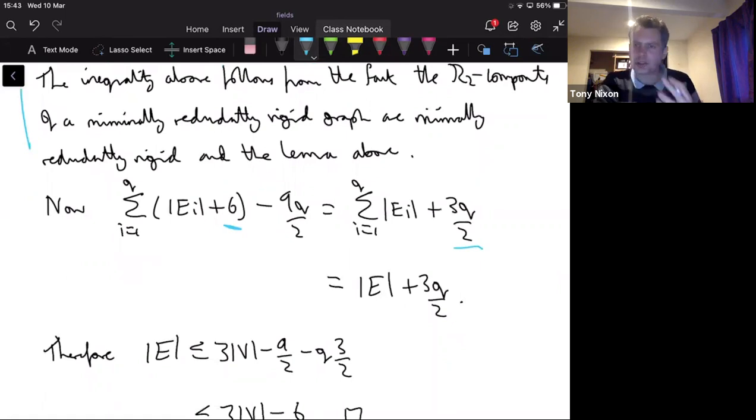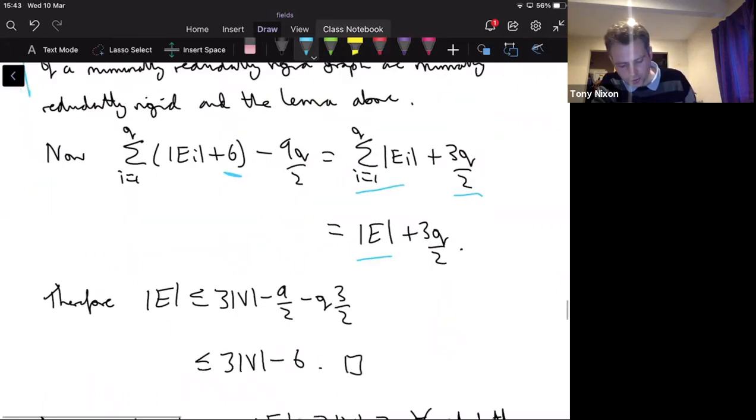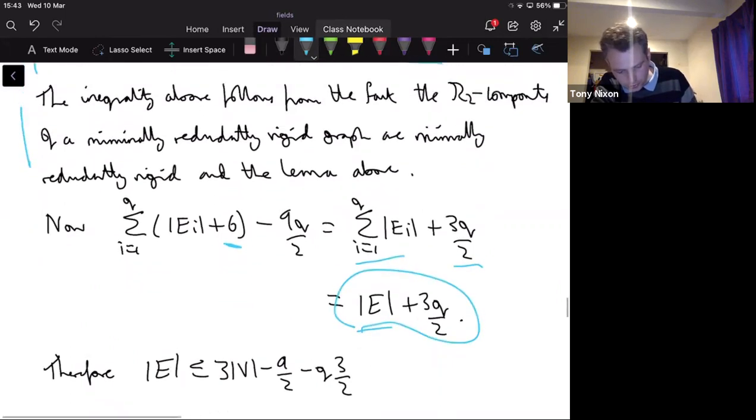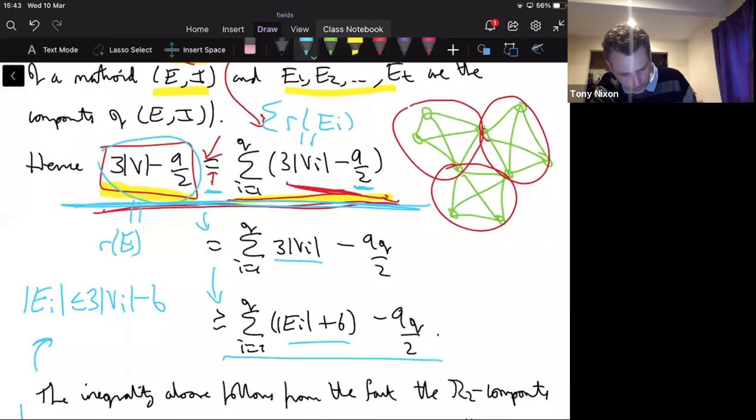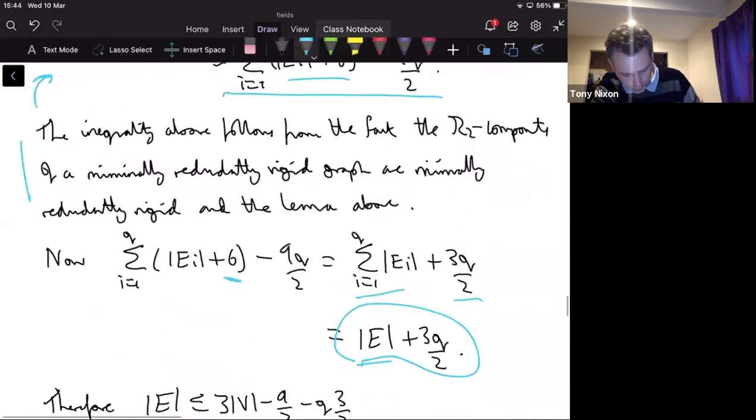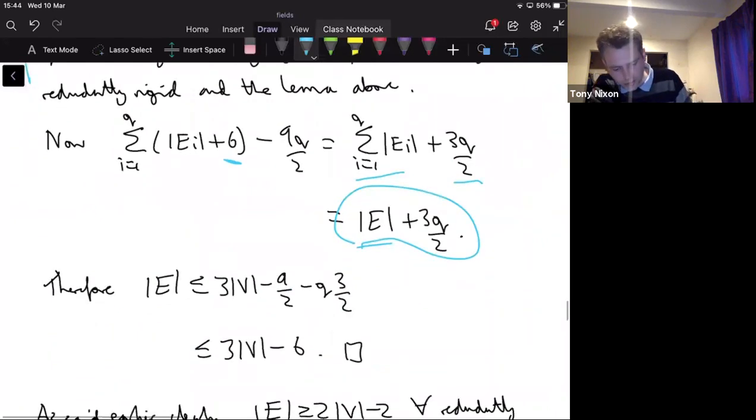Every edge was in some component, some number Q of R2 connected components. So the sum of the E_i is equal to E. And hence we can rearrange. So we have this thing, which if we go up is less than or equal to this thing. And so we rearrange and say E is at most the 3V minus 9/2 we had there, minus the 3Q/2 that's here.